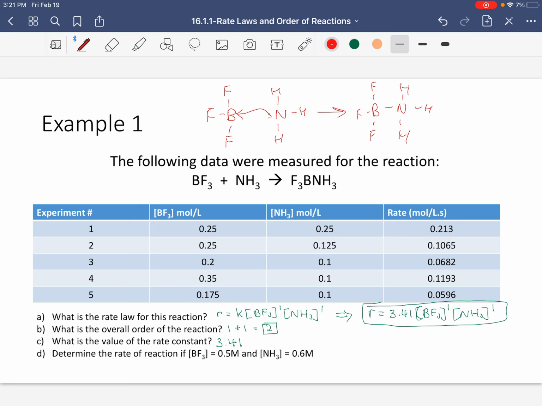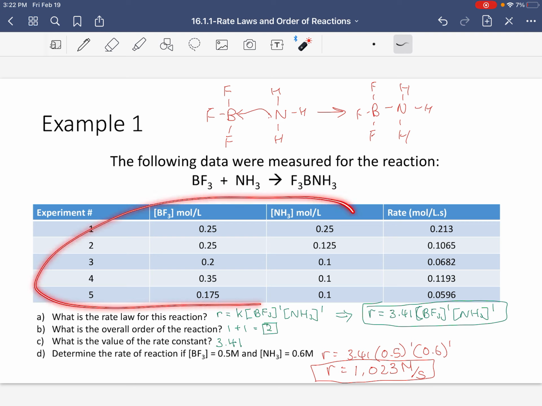Let's do that. So rate is equal to 3.41 times 0.5 to the power of 1 times 0.6 to the power of 1. So rate is therefore, let me grab my calculator, 1.023 molarity per second. Look how useful that is.